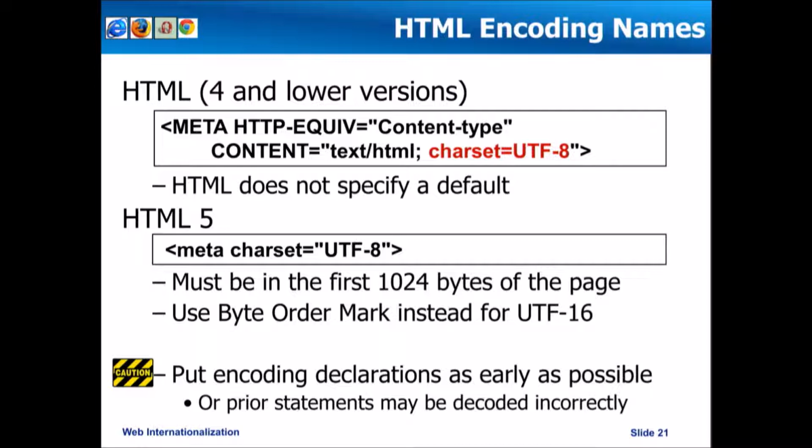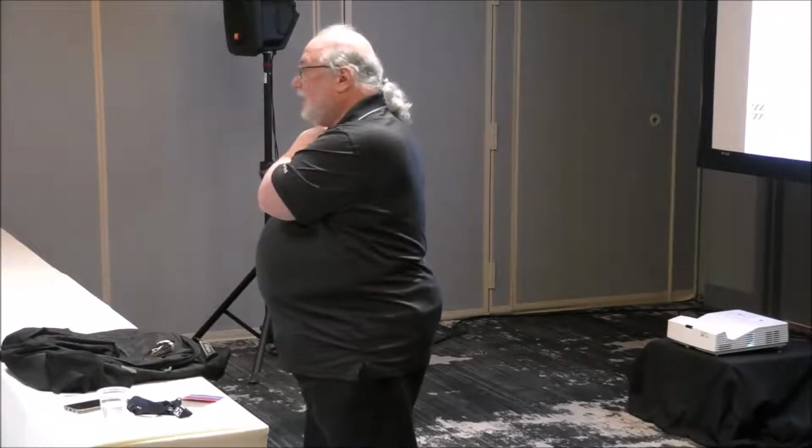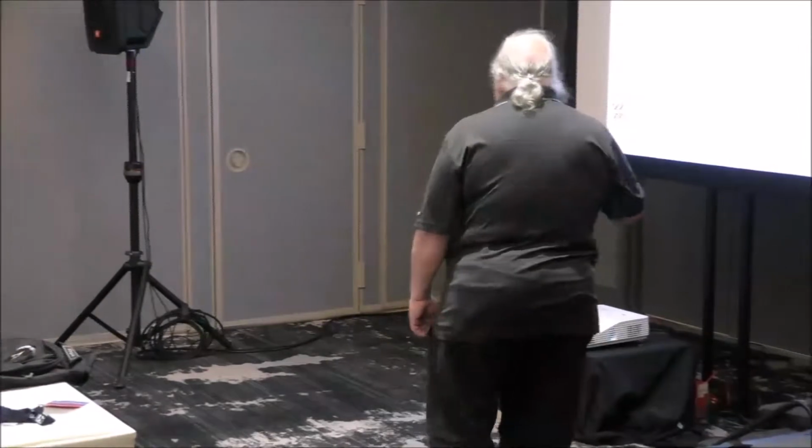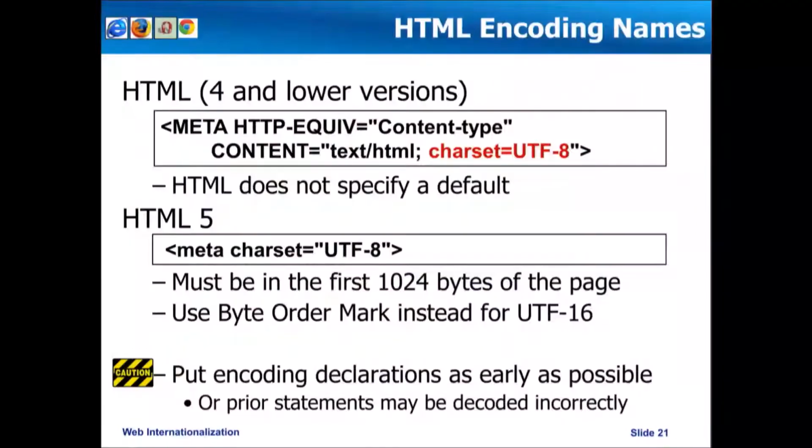And if you have statements ahead of it, maybe you're declaring keywords or putting other information into your head, well, if that's in other languages, if it's not ASCII characters, that may not be interpreted correctly. Once the browser gets out of sync, remember how the markup got confused? So you may have problems. Make it as early as possible in the page. Now, if you're not using UTF-8, you can use UTF-16, and then you use the byte order mark to indicate that that's the encoding.